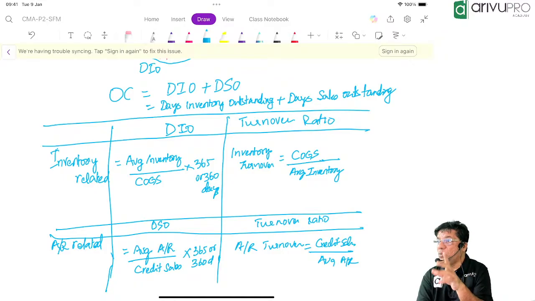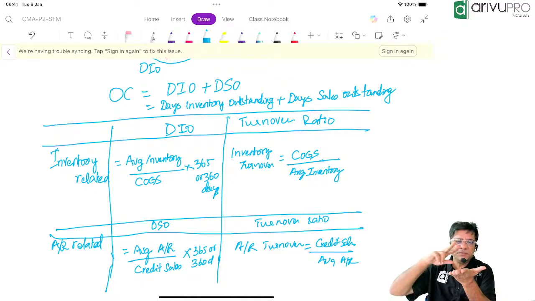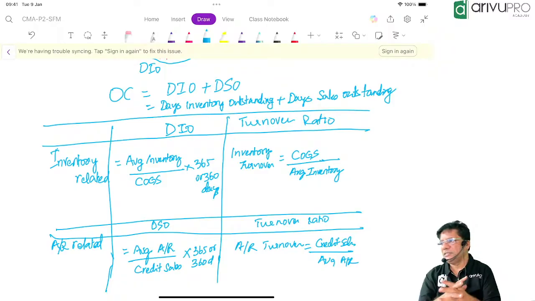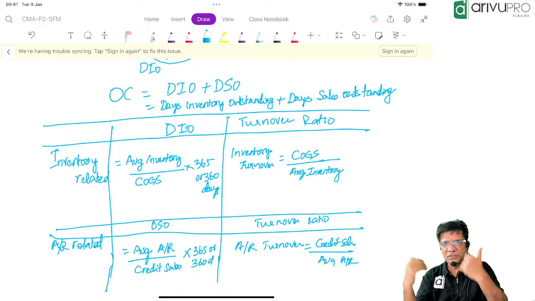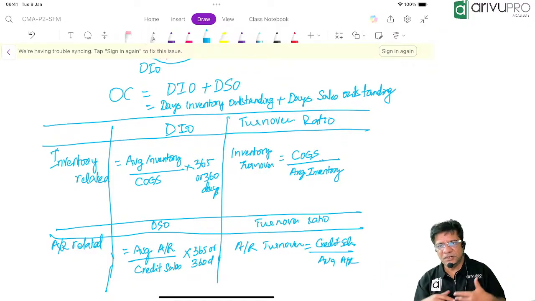This is the problem. You will become a surgeon in section B. You will go deep in section B. One by one, chapter by chapter, you will handle AR, you will handle inventory. You ask, come on sales manager, shipping manager, production manager, purchase manager, come here. Why is it 200 days? You start doing surgery.